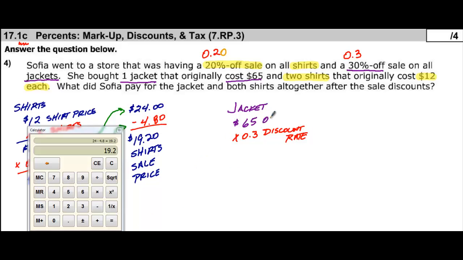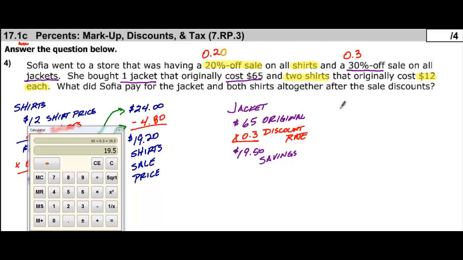That $65 is the original. And so if I save 30% off that, 65 times 0.3, I'm saving $19.50. That is my savings.